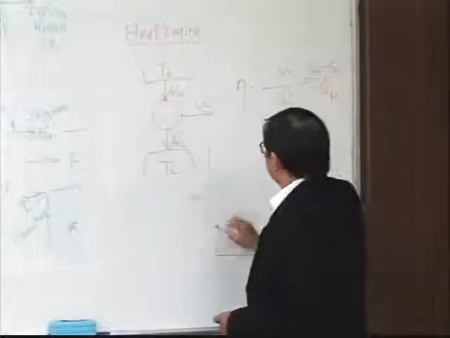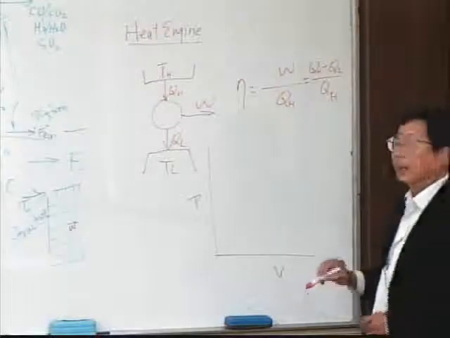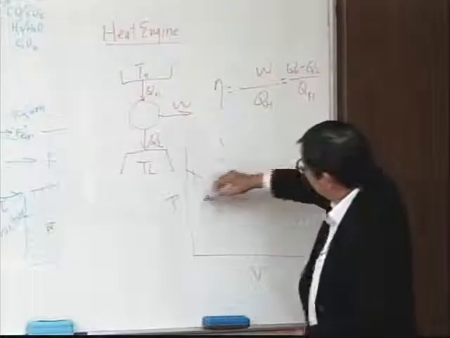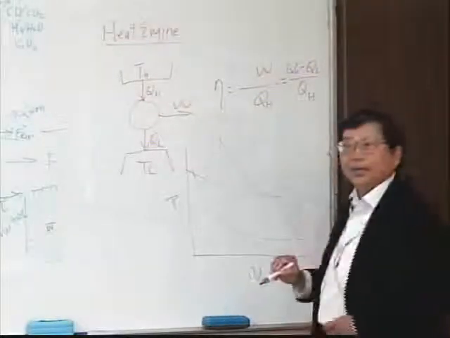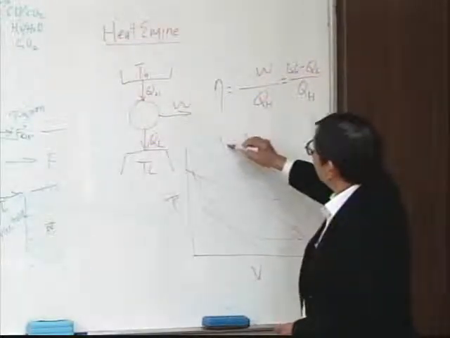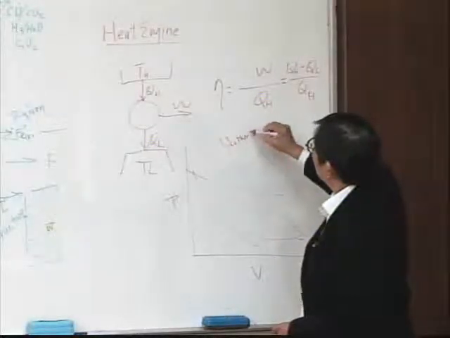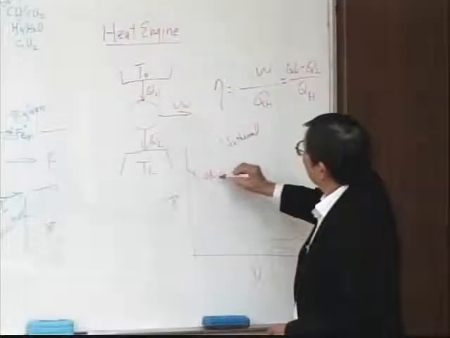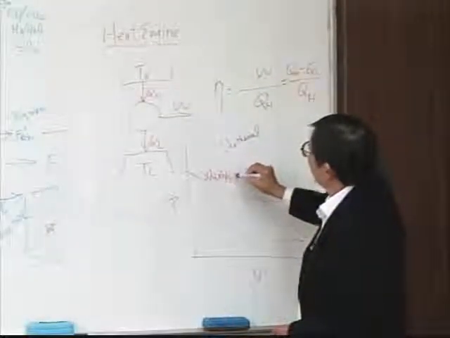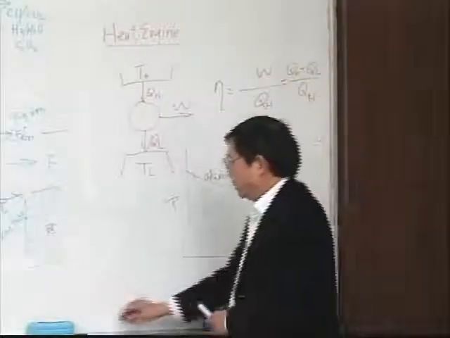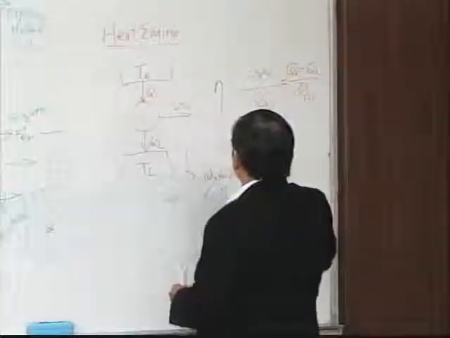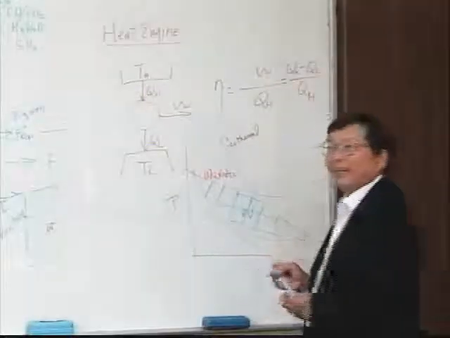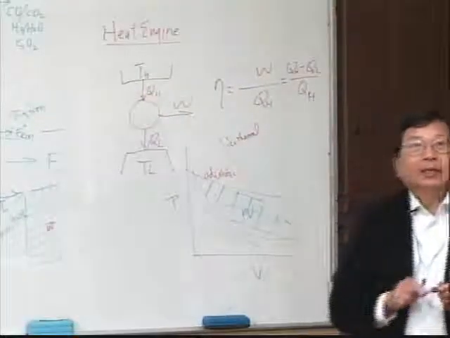The Carnot cycle is PV in here, and you have an isothermal process, and you have an adiabatic process. This is isothermal, and this is adiabatic, and the region in between is the work in here. Okay.